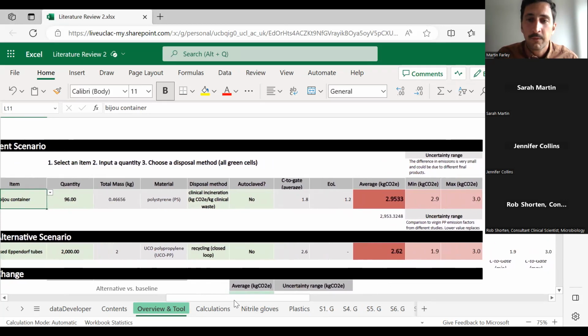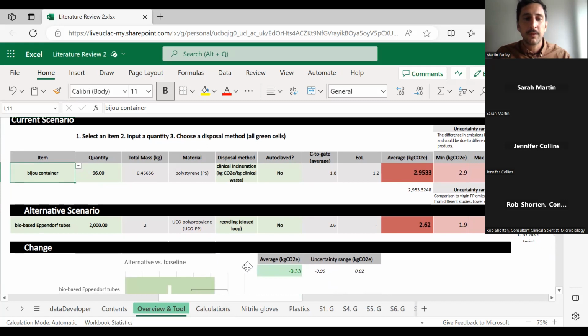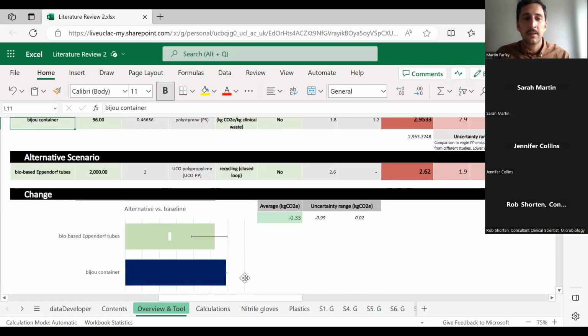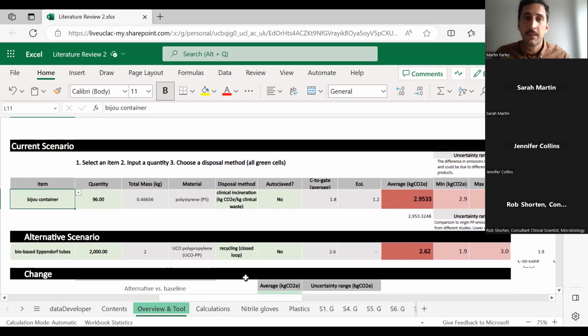So for example, you can see here that if you're going to go from a bijou container to a bio-based tube, so in other words, somebody that looks at their manufacturing of their tube, you can reduce your carbon. Now, we're going to refine this because it's not in the perfect format yet to be released, but the idea is that we put this out there so that you can use this and you can access this.